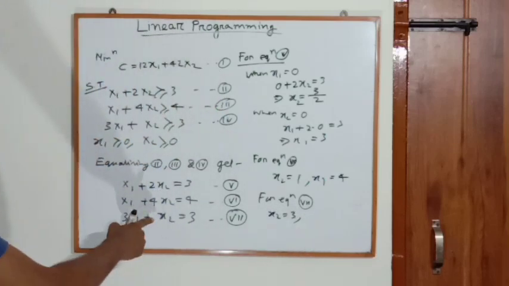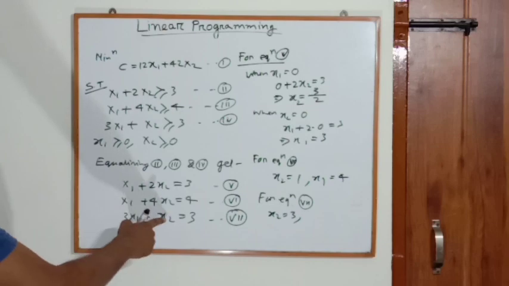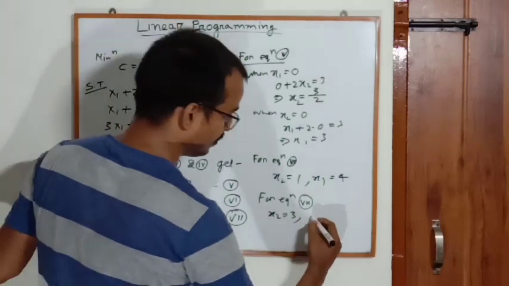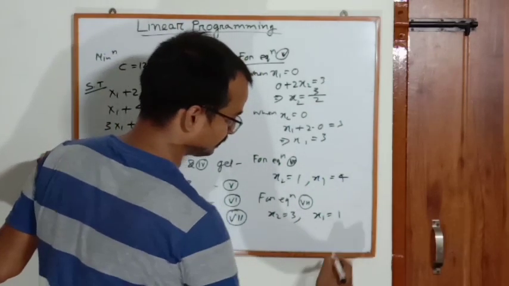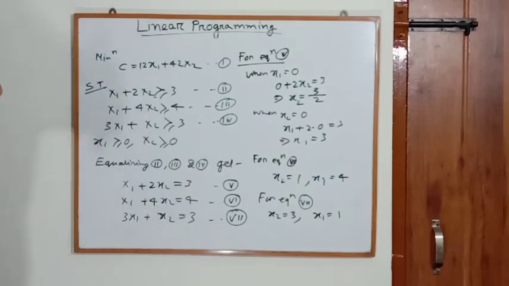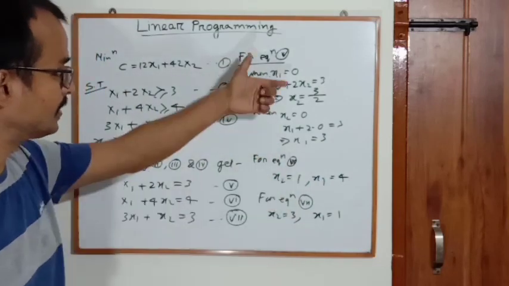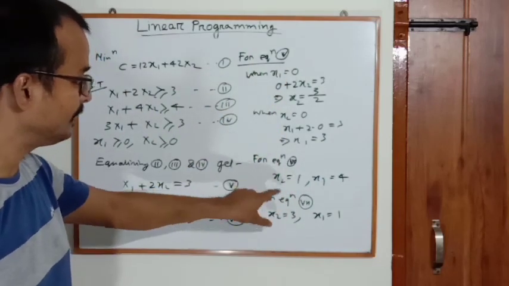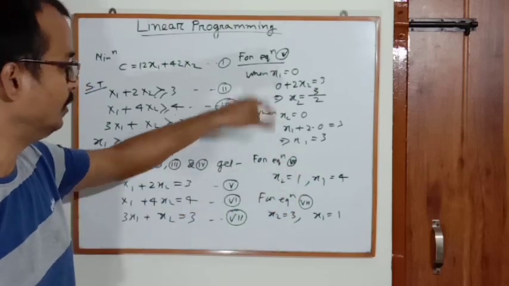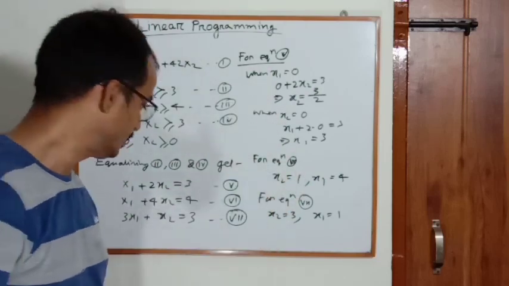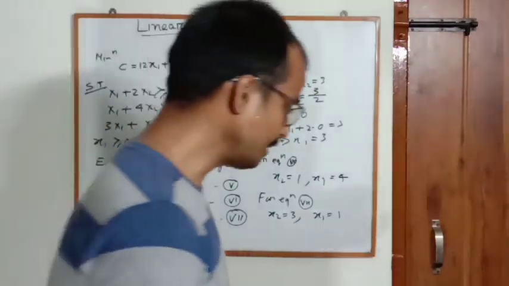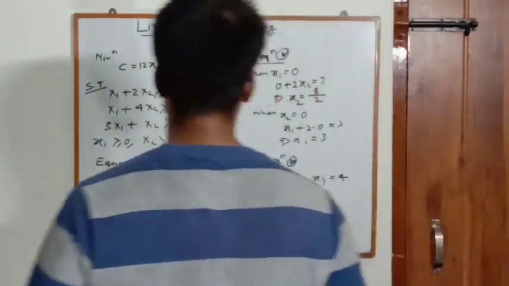And if x2 is equal to 0, x1 will be 1. I hope you understand. I skipped these steps here. You have to do it here and here also. For saving time, I have just jumped these steps.